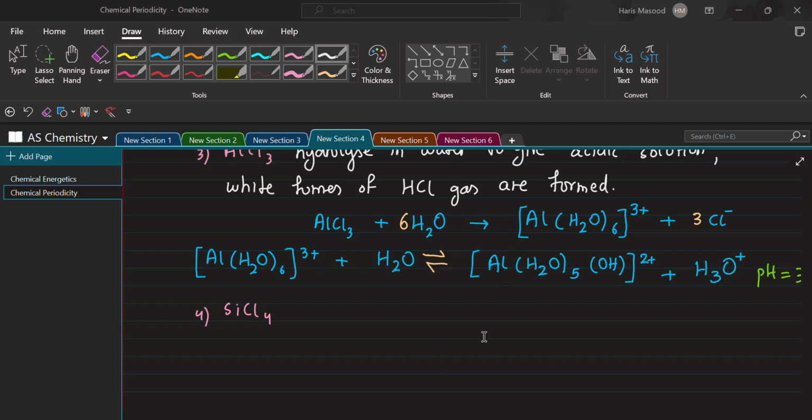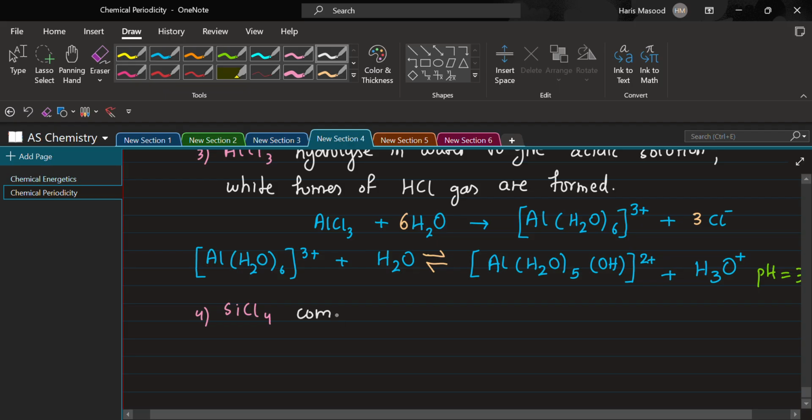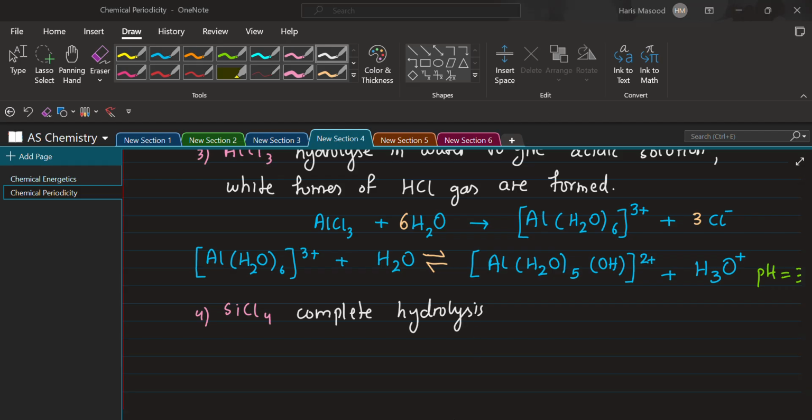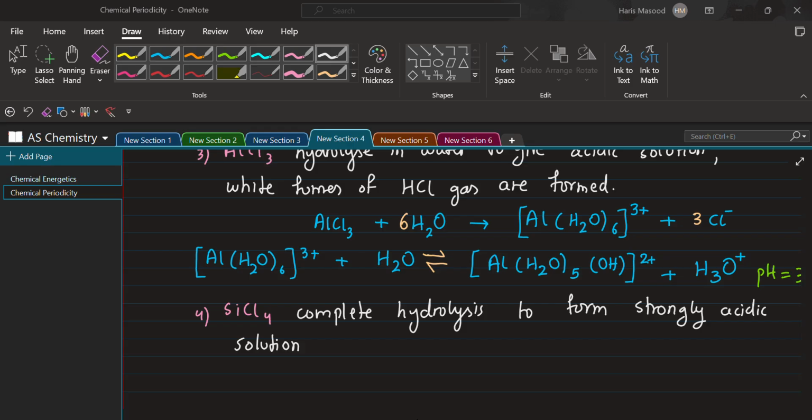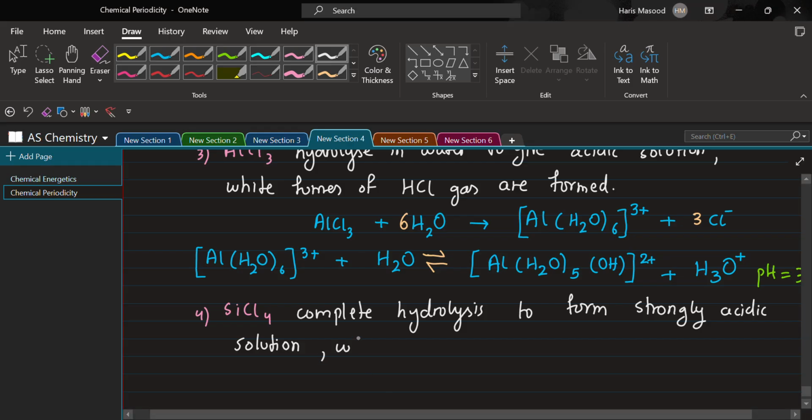These were the partial hydrolysis, so it will just go to complete hydrolysis to form a strongly acidic solution, and white fumes of HCl are again formed.